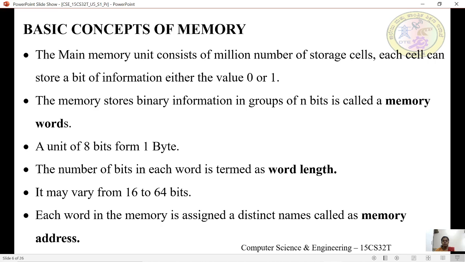If 32 bits are present in a particular location, then the word length of that location is 32 bits. It may vary from 16 to 64 bits, depending upon the processor. Each word in the memory is assigned a distinct name called the memory address.